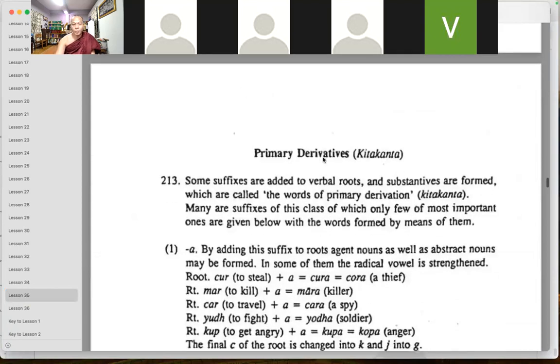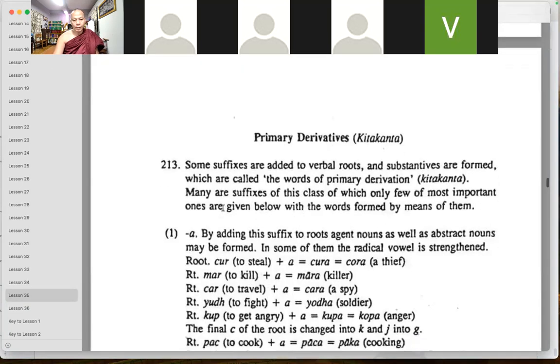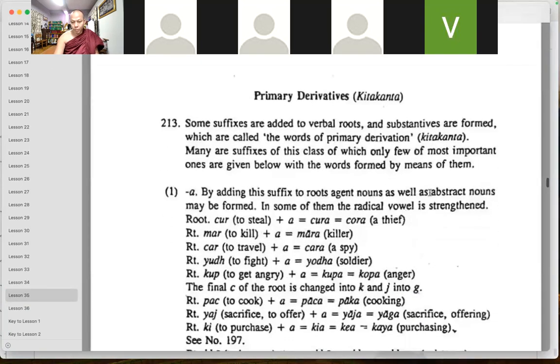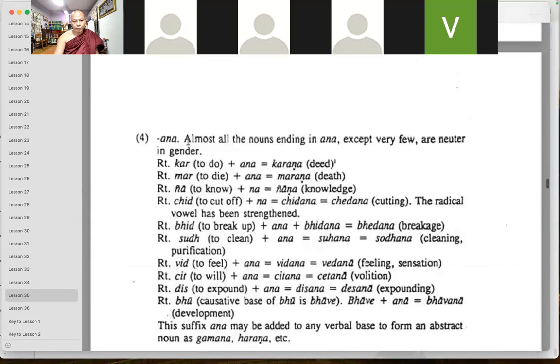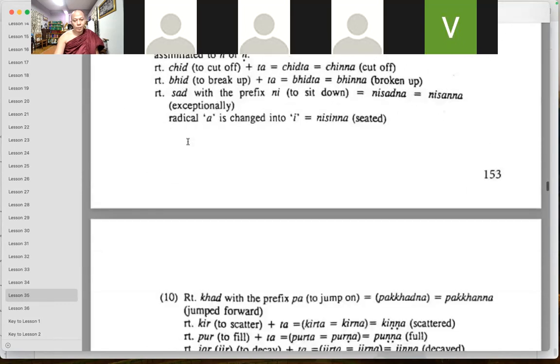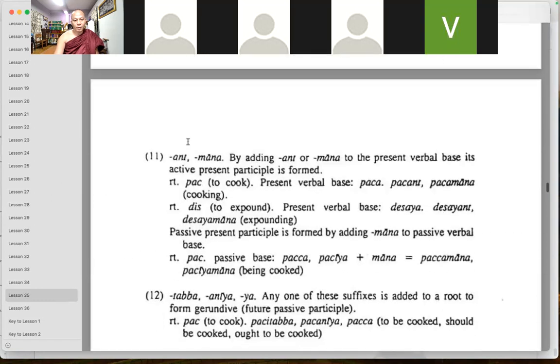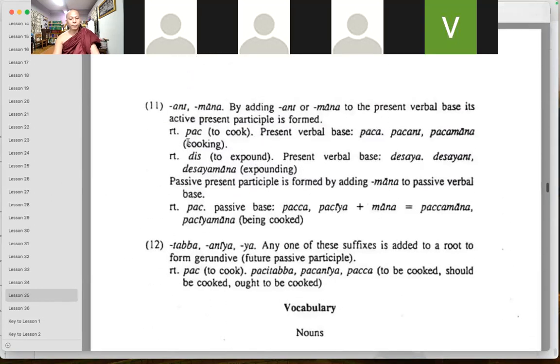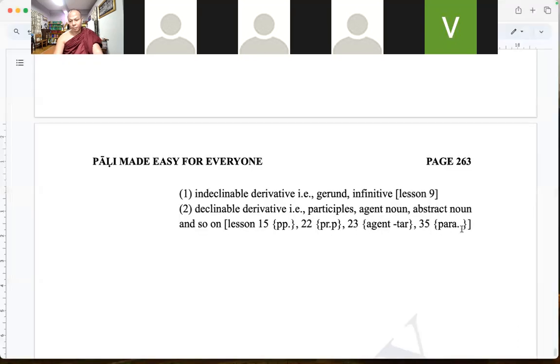So here primary derivative you see. So here verbal roots or substantives are formed. And then here, the first one is abstract nouns, by adding that suffix. So let's say paragraph number 213. Yeah, all of them are in this 213. Paragraph number 213.